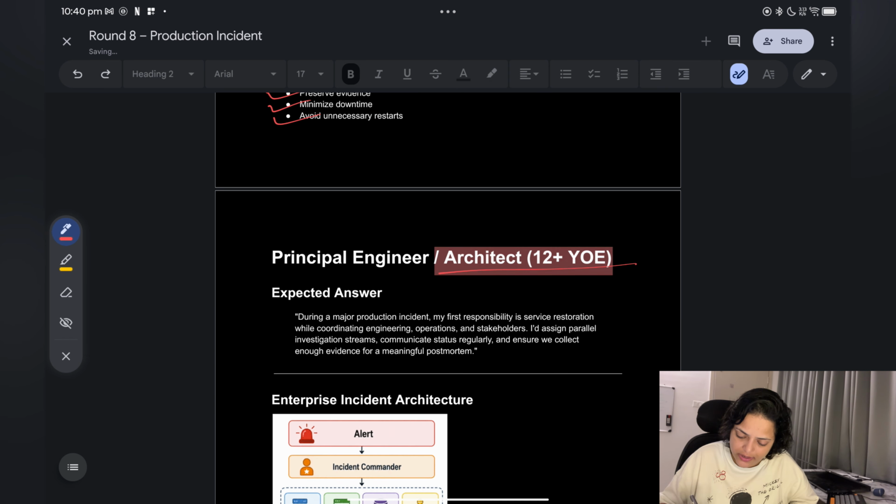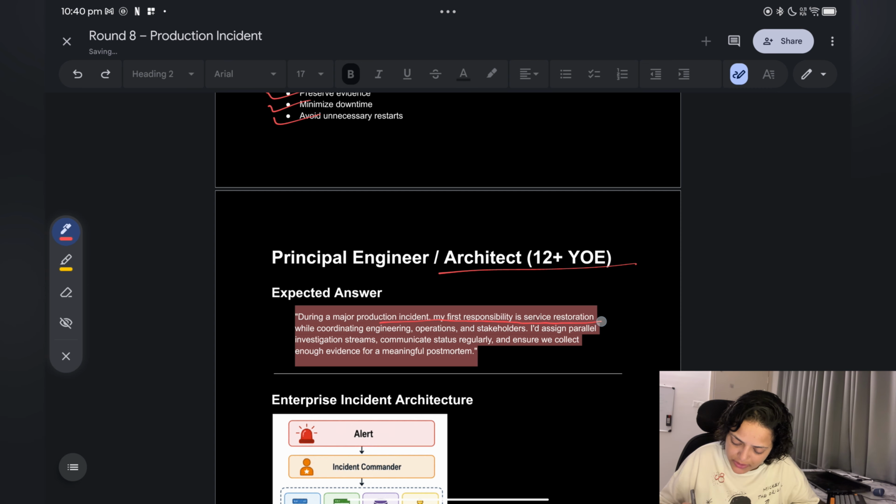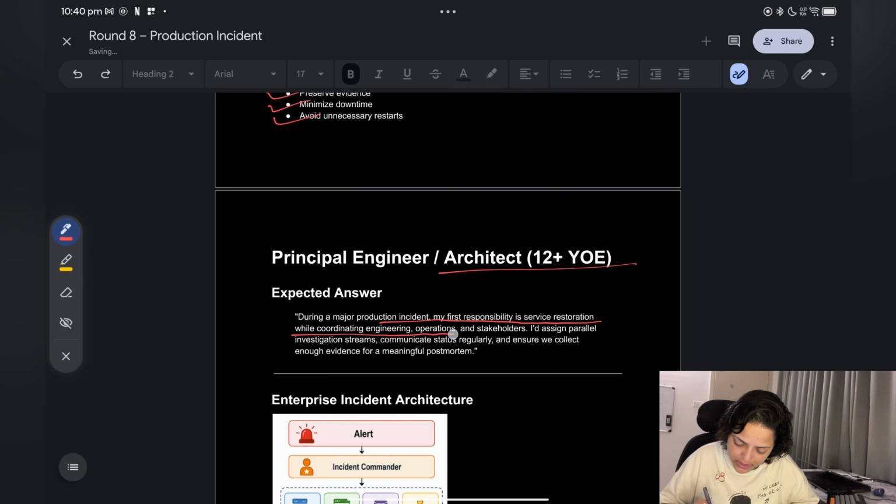The principal engineer or architect will say: during a major production incident, my first responsibility is service restoration while coordinating engineering, operations, and different stakeholders. So first he will again concentrate on reducing the customer impact, and then coordinate with different teams, like the infrastructure team, the DevOps team, engineers, operations, stakeholders.